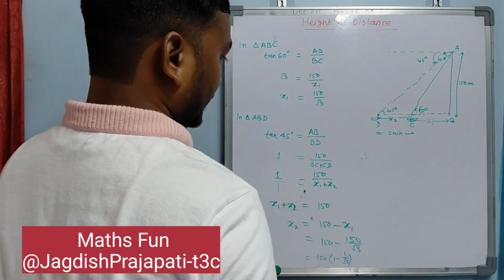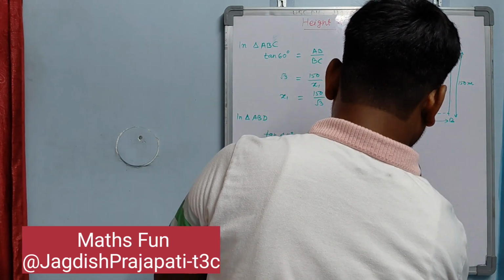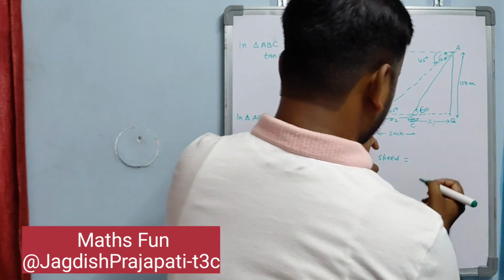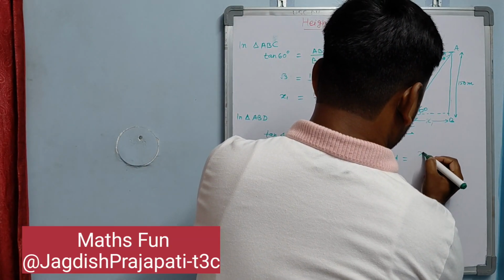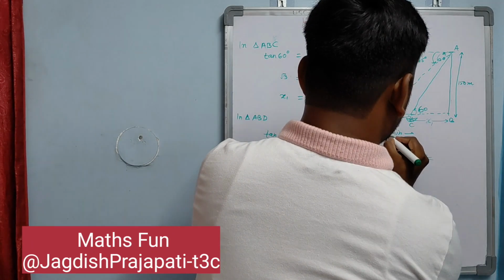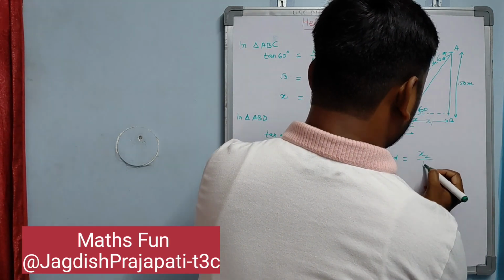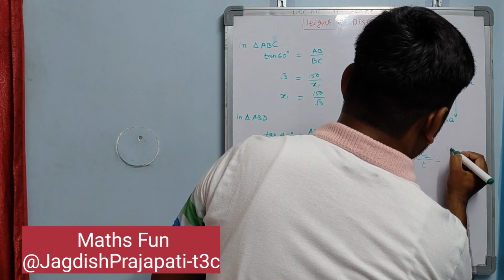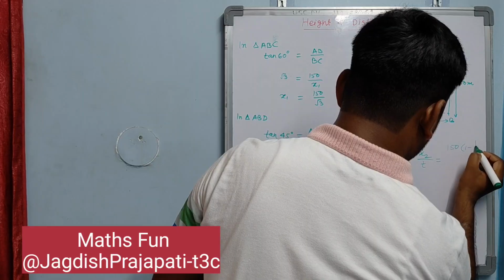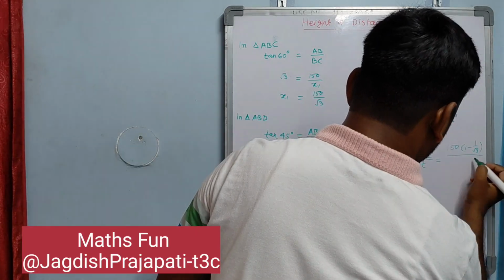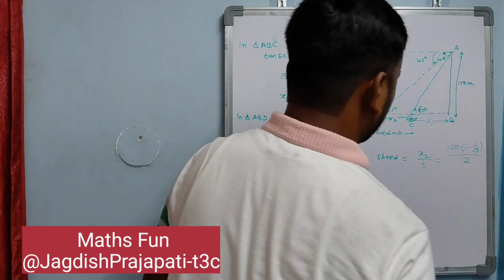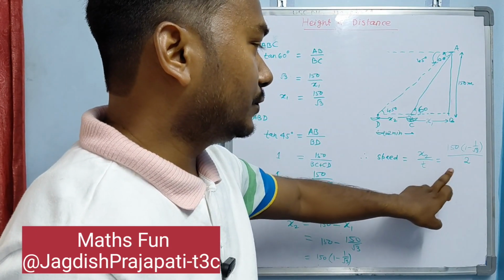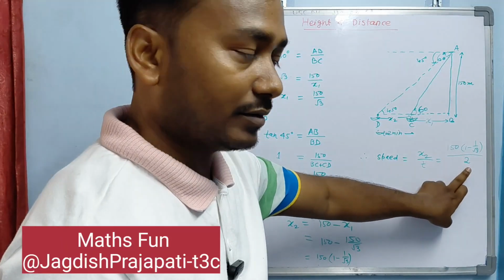Therefore, speed will be distance x2 by t, where t is 2 minutes, so 150 into 1 minus 1 upon under root 3, divided by 2. This is in meter and this is in minute, so your speed will be in meter per minute.